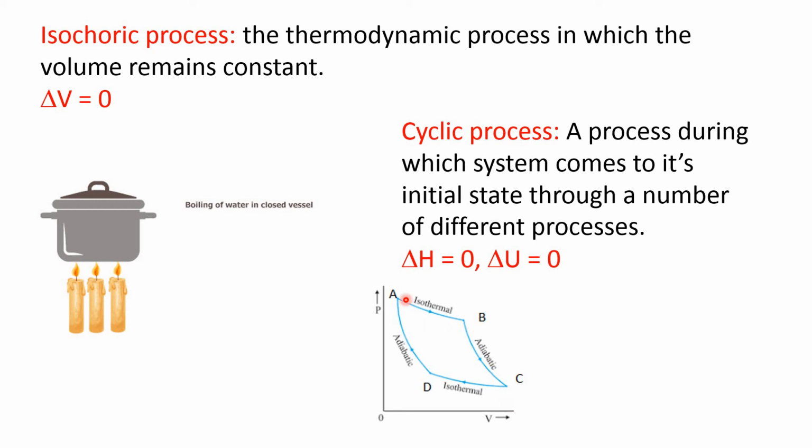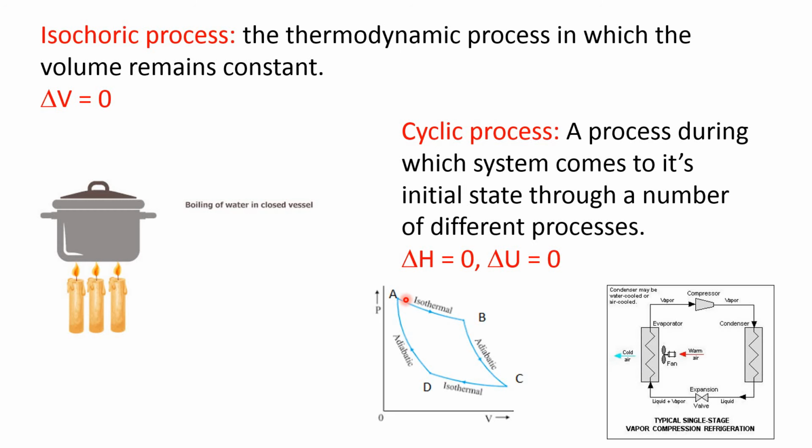This is a cyclic process. Another practical example of a cyclic process is the working of the refrigerator. In the refrigerator, we use a refrigerant, say a gas. Generally, you will take freons, chlorofluorocarbons. So this is the system.